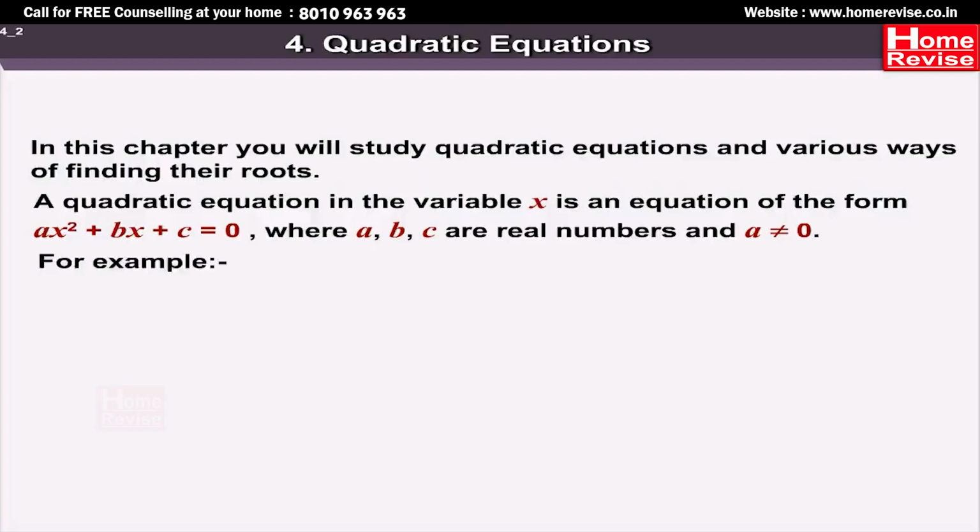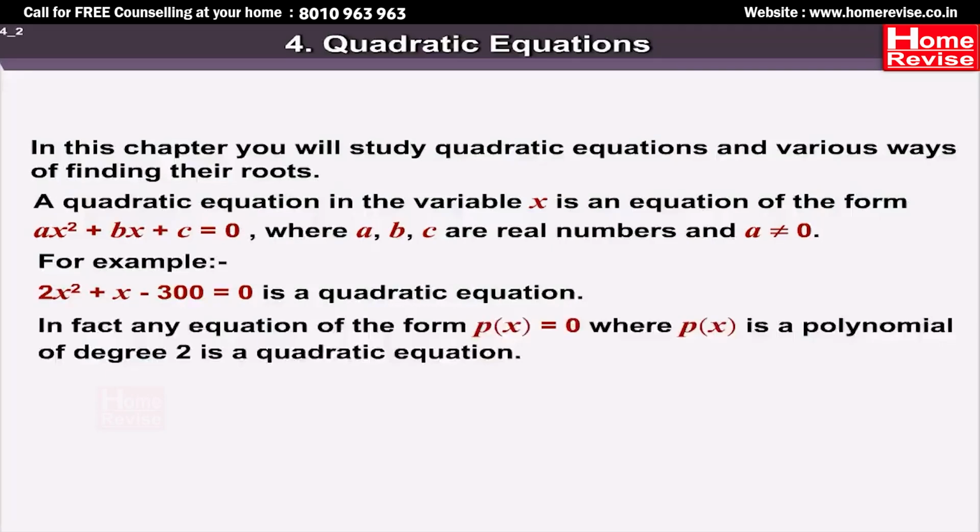For example, 2x squared plus x minus 300 is equal to 0 is a quadratic equation. In fact, any equation of the form p of x is equal to 0, where p of x is a polynomial of degree 2, is a quadratic equation.